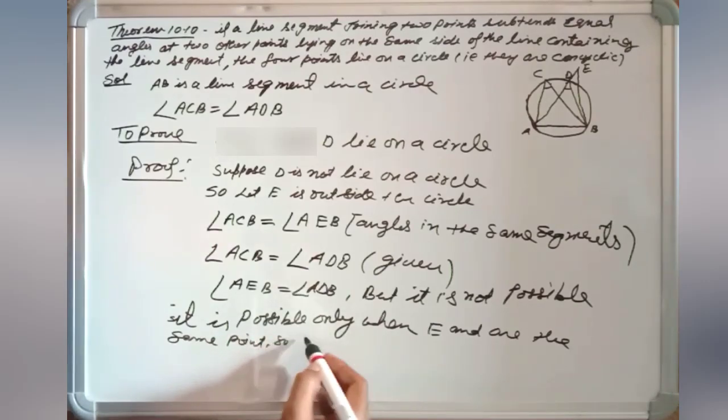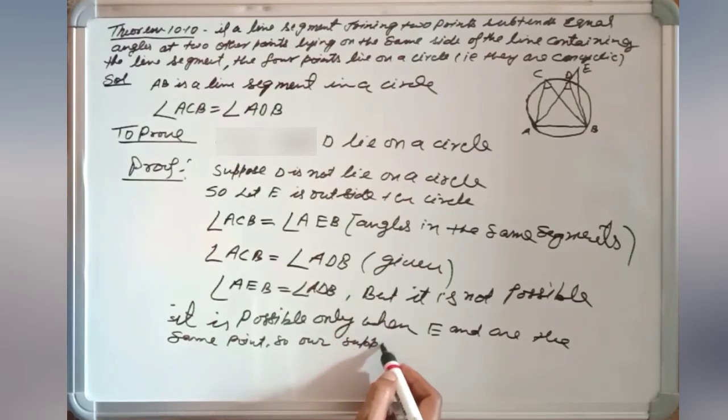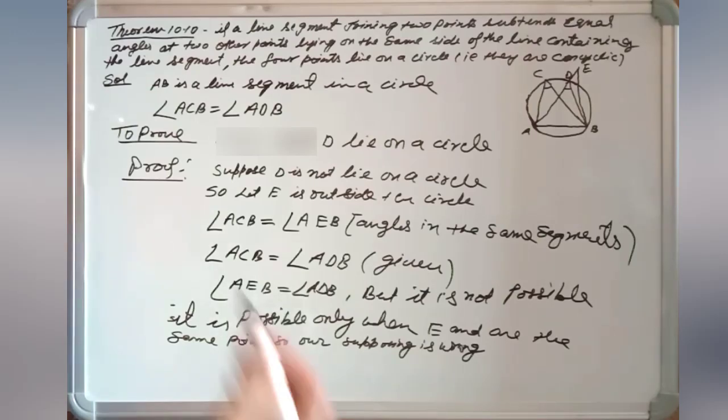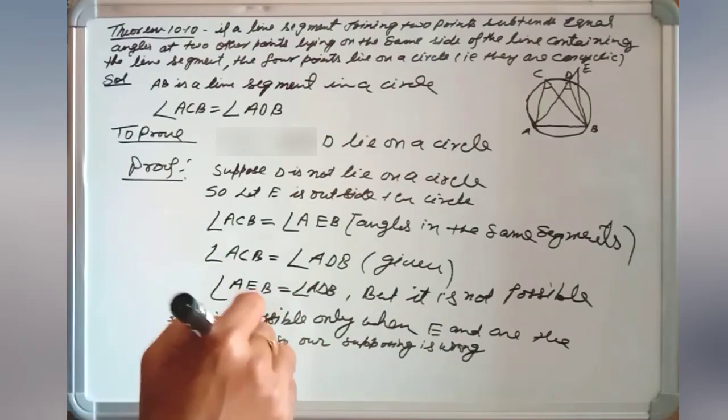So our supposing is wrong. So D is on the circle.